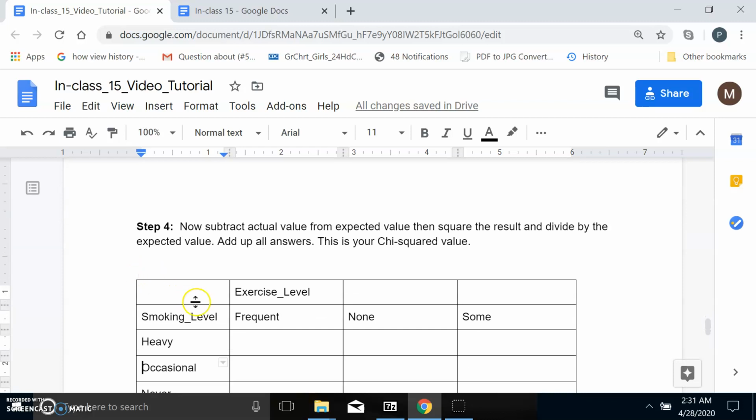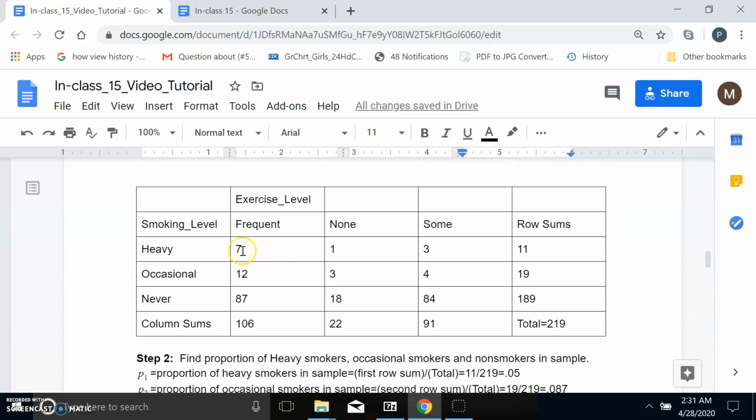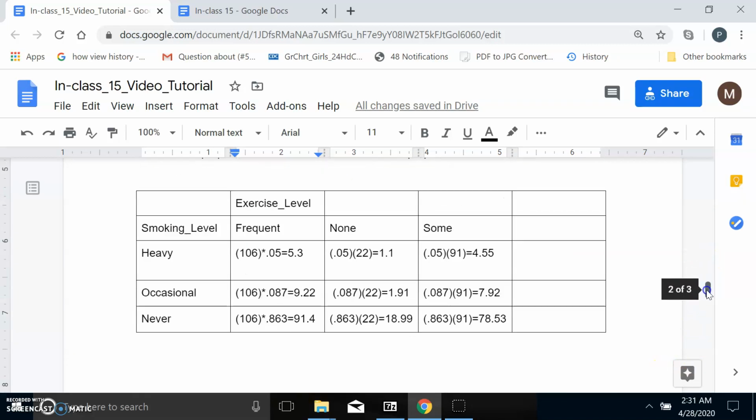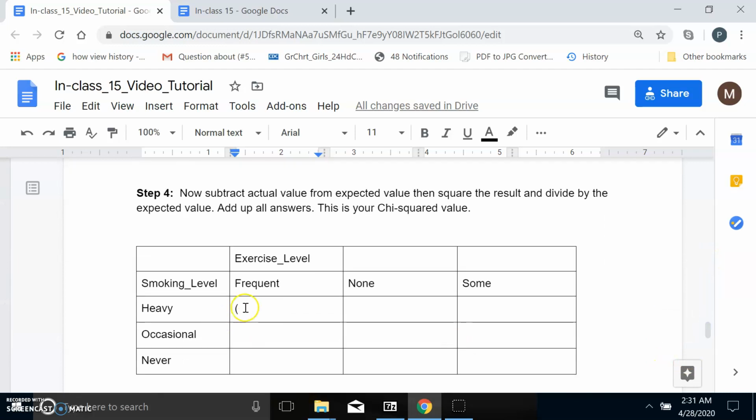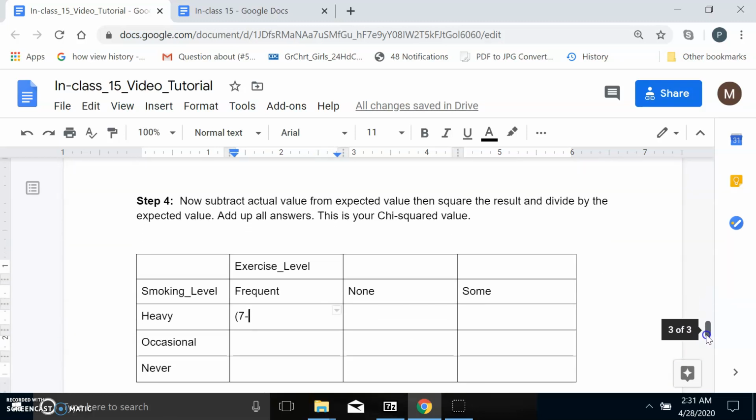Okay, so it says subtract actual. Let's look at the first one. The actual for heavy, in the first position there, going up to the top, it's 7. Now look at our expected value that we just found, which is 5.3.